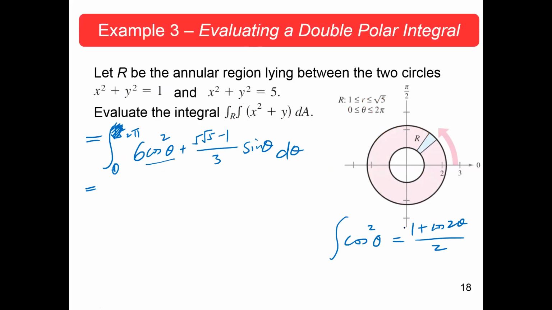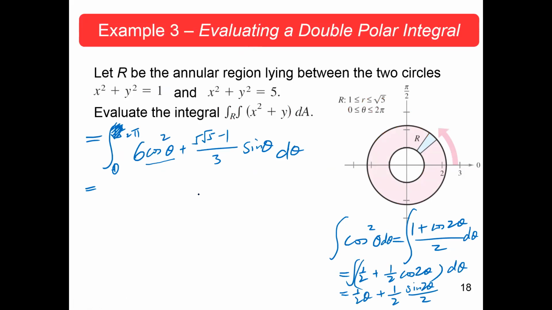Therefore, the integral of cosine theta squared d theta will be the integral of 1/2 plus 1/2 cosine 2 theta d theta. This will be 1/2 theta plus 1/2 times sine 2 theta divided by 2, right?